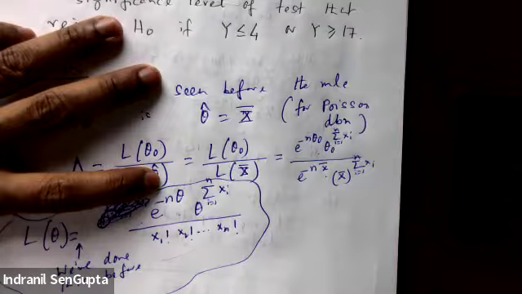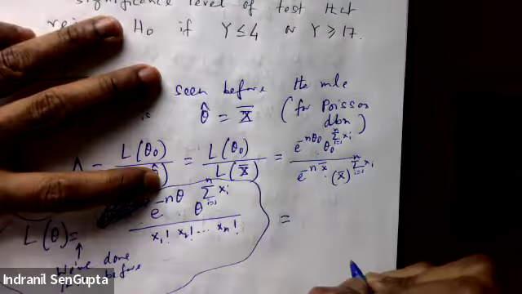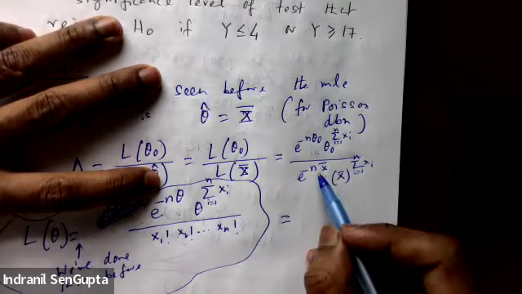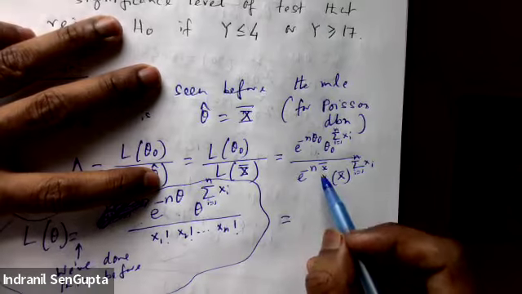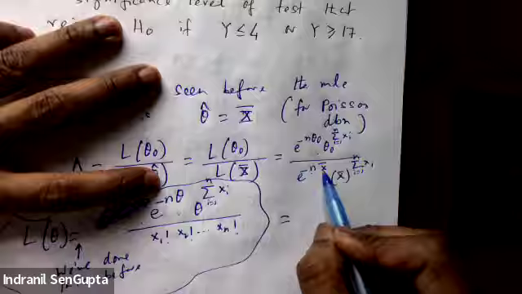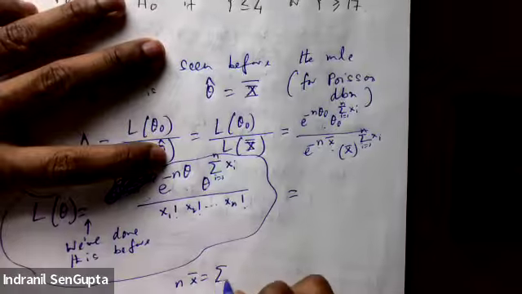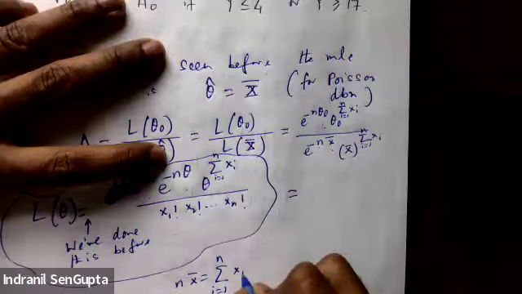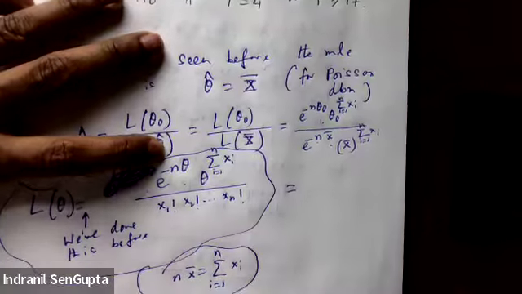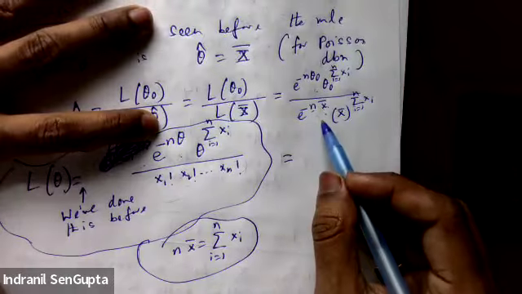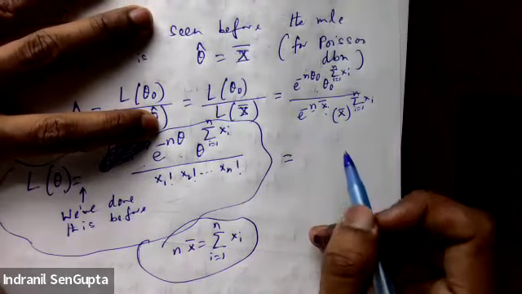Okay. Now you can simplify this in the following way. Whenever you have this n x bar, this is really the summation i from 1 to n x_i, isn't it? So this quantity n x bar, I can write in terms of the summation.